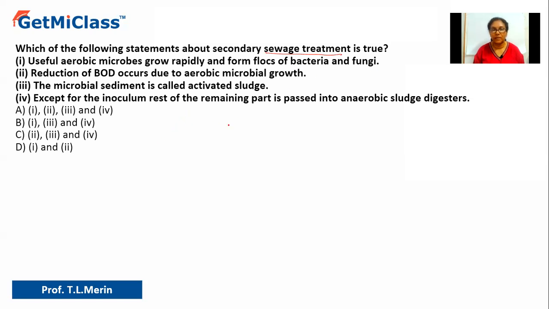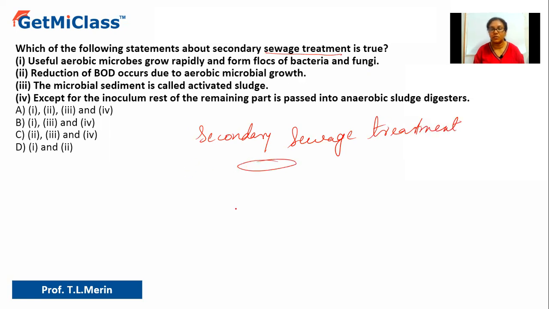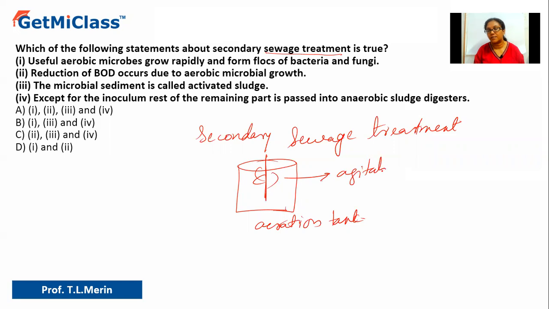That is absolutely right, because if we talk about secondary sewage treatment, which happens after primary treatment, the effluent will be sent to the tanks which are called aeration tanks. Why aeration tank? Because they have these fan-like agitators, which will agitate the medium, the sewage water.